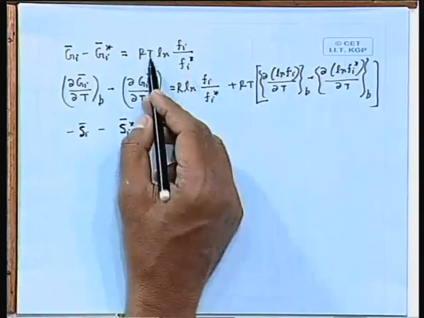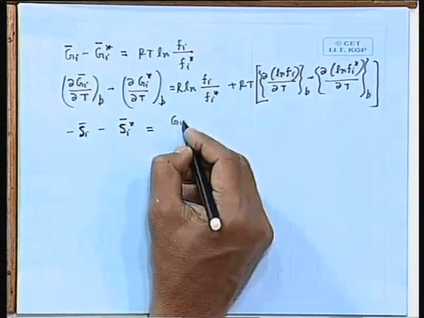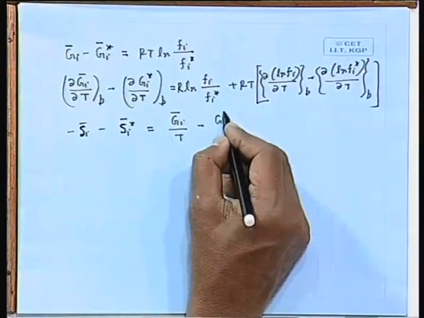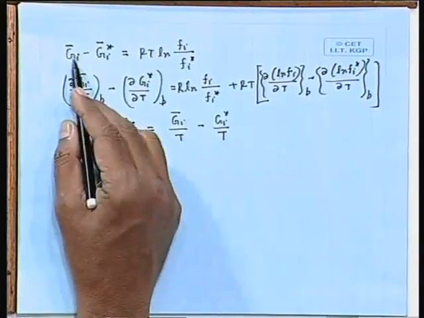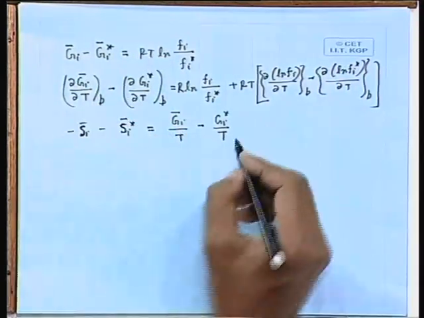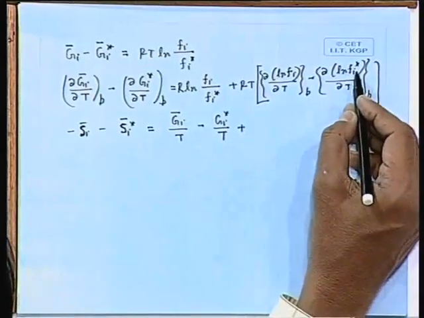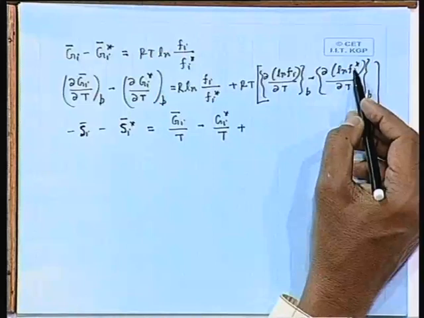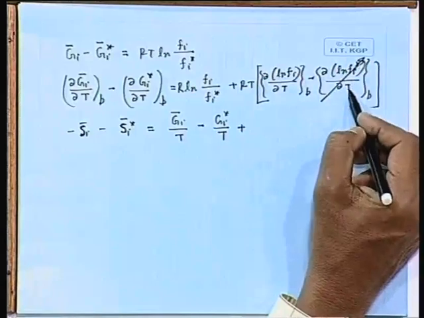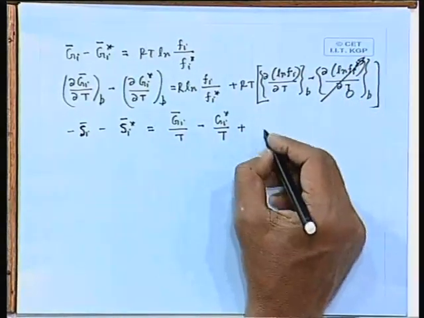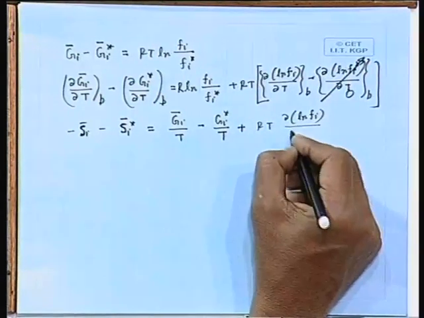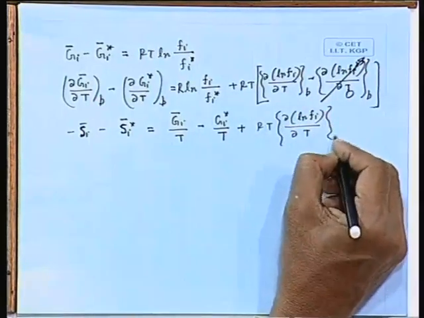R ln Fi star, I can write from this equation again, Gi bar by T minus Gi star bar by T, plus, now you see Fi star is a constant, that is a fugacity at the reference state, so we can neglect this, that means we can make this 0. So therefore, we get plus RT ∂ln Fi/∂T at constant pressure.